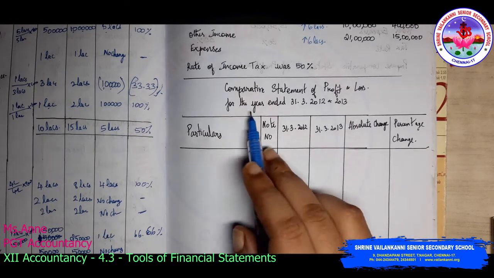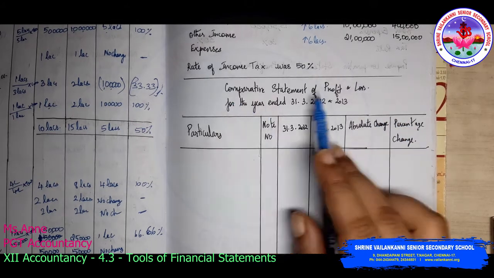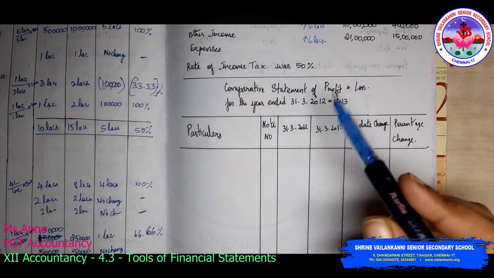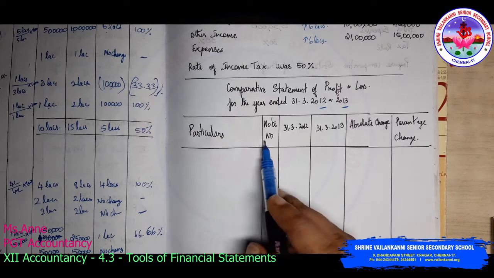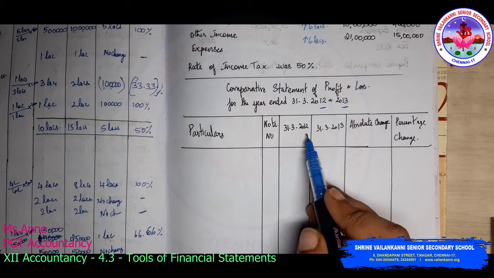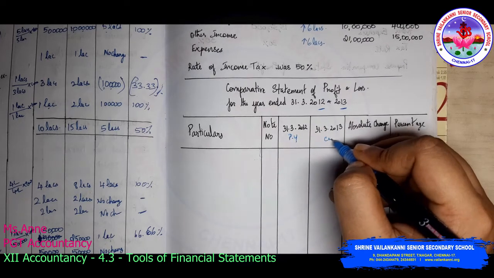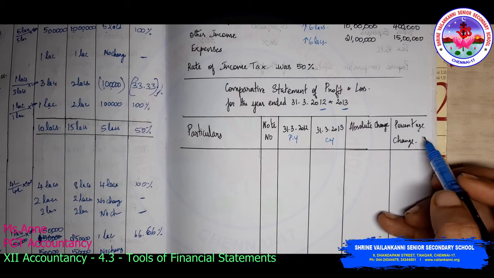Please don't make mistakes in the headings, you may lose marks for that. Headings are important. Then particulars, note number, 31/3/2012. Always the previous year, then current year 2013, absolute change and percentage change.